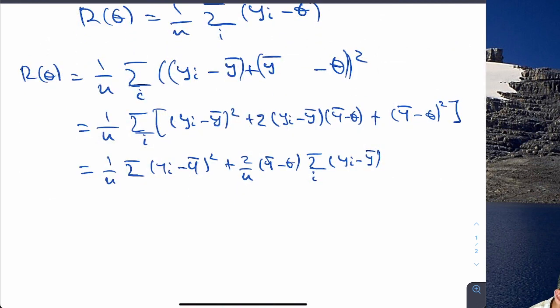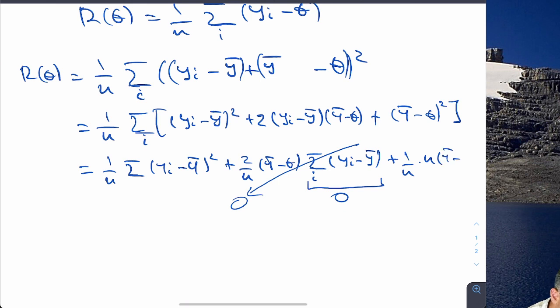So this quantity right here is 0, and so it makes all of this go away. And then finally we have 1 over n, and times this the summation of those terms that don't depend on i. So what we have is n times y bar minus theta squared, because y bar minus theta doesn't depend on i, so we just get n copies of it, and these n's cancel out.